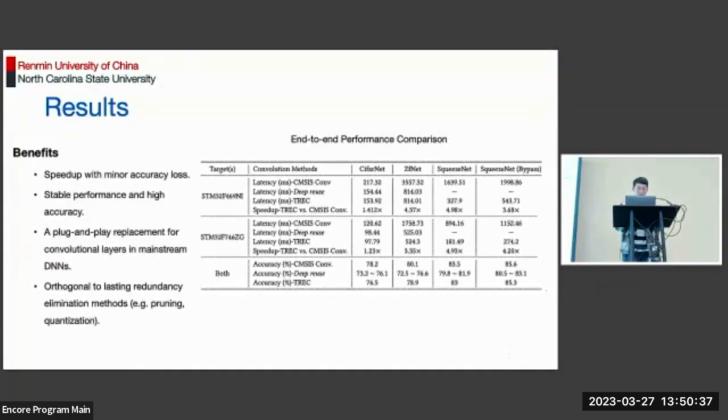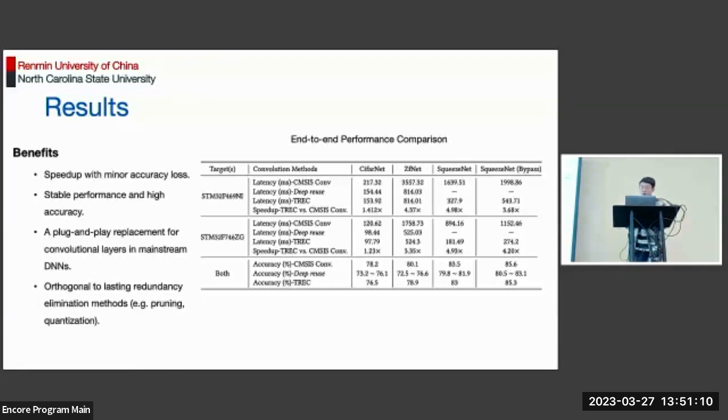In this table, we can see that by implementing our solution on microcontrollers, we're able to avoid over 69% of computations on convolutional layers in theory, and actually we achieve an average of 3 to 5x reduction in the overall network latency with no or marginal accuracy loss.